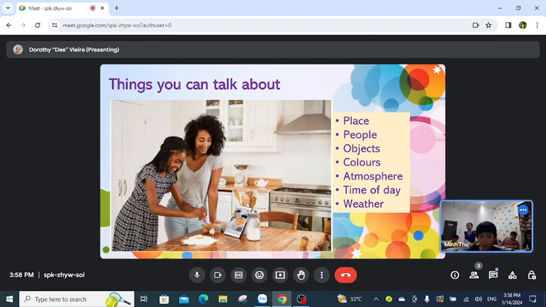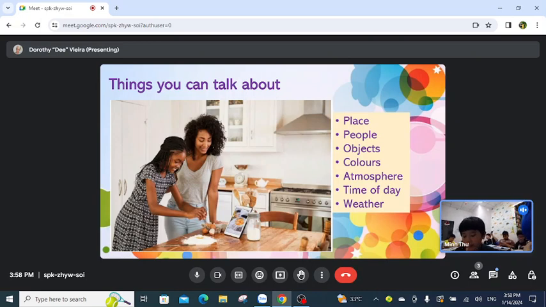The last person. Hello, teacher D. Today I will describe the picture about a woman and a girl trying to make a cake together. In the foreground, there are a woman and a girl, maybe her daughter.